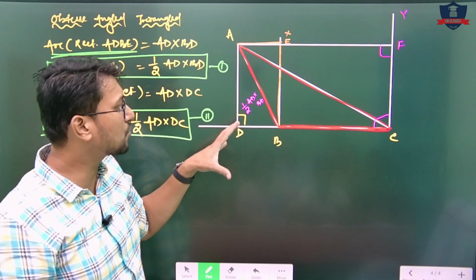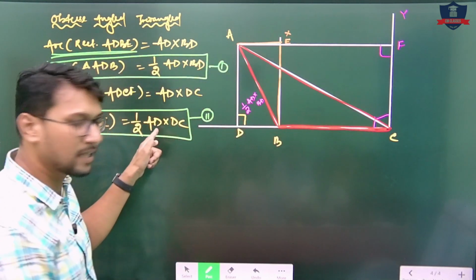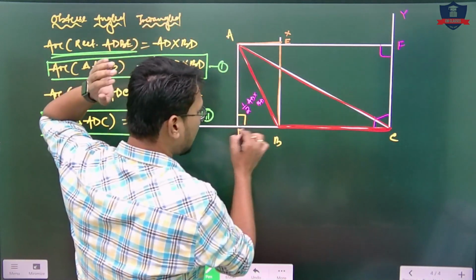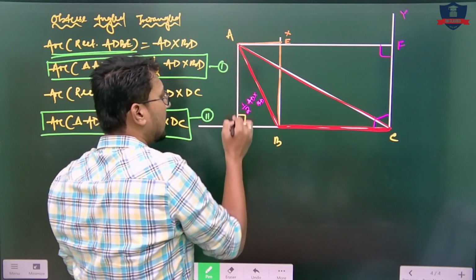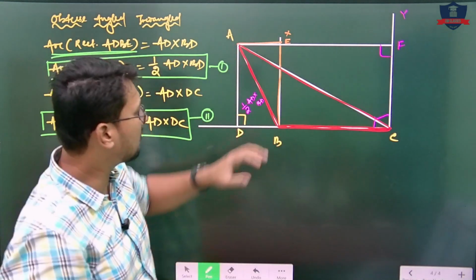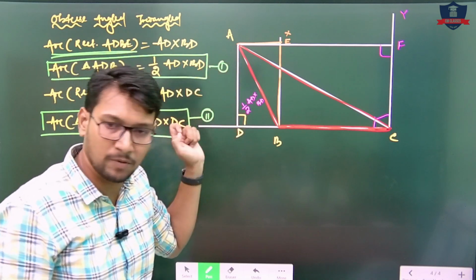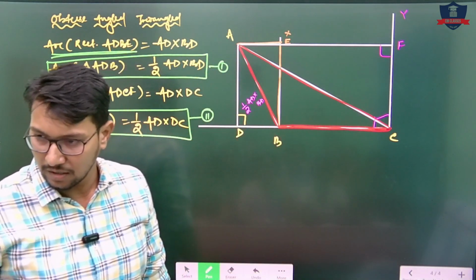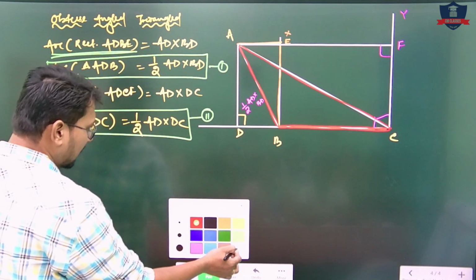But we have which two triangles? ADC, second equation. And this small one, which one? ADB. If I subtract ADB from ADC, which one will I get? ABC, or not? Yes or no? So therefore, we can write now by subtracting.